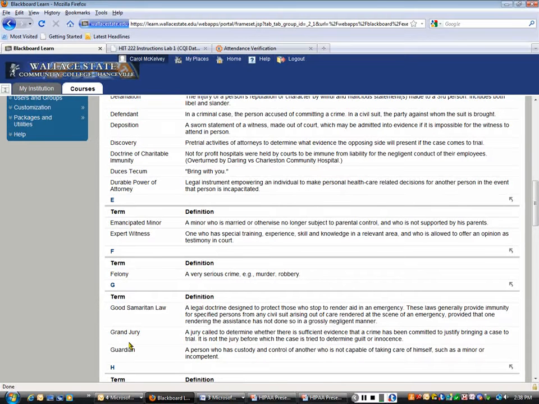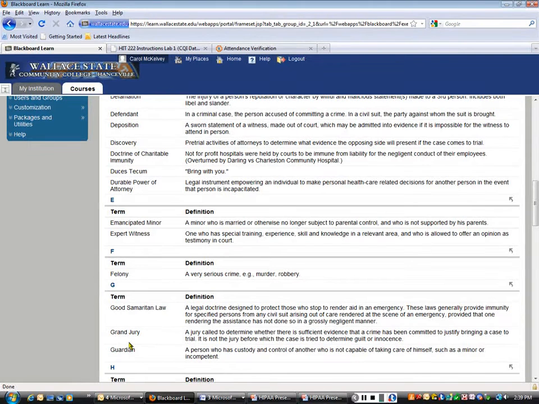So it has to be proven that you, if you are the one rendering the aid, did so in a manner that was actually negligent. But if you just stop out of the goodness of your heart and render aid, the Good Samaritan Law is a protection to say, if you did not grossly negligently render that aid, then you're not going to be able to be sued by the person receiving the aid.